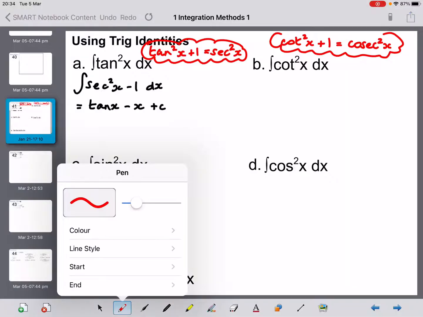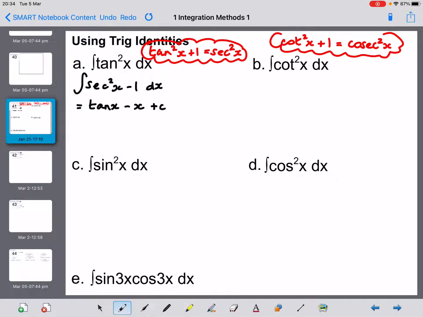Like I did with the other one, we're going to say that's equal to the integral of cosec squared x minus 1. From your formula booklet, the integral of cosec squared x is negative cot x, and the integral of 1 is x. And then we have plus C. So those two are using the Pythagorean identities.